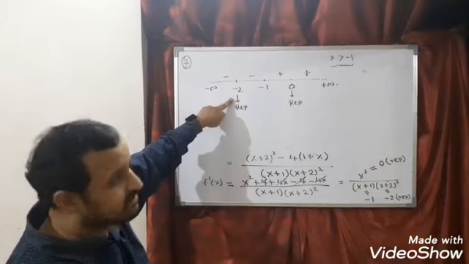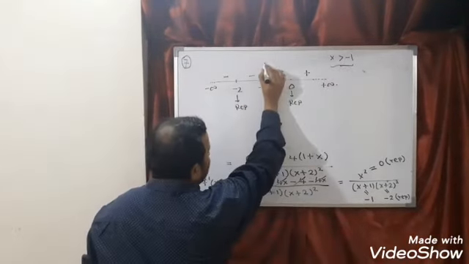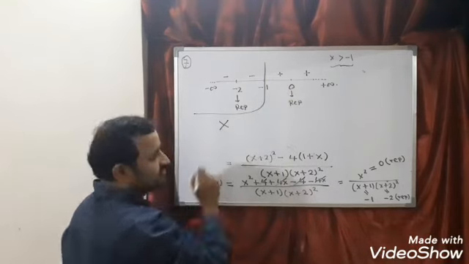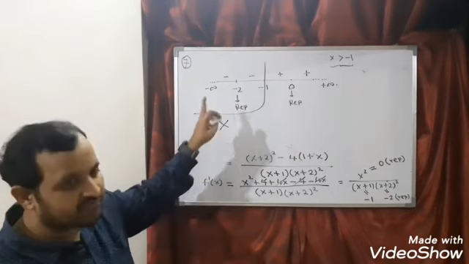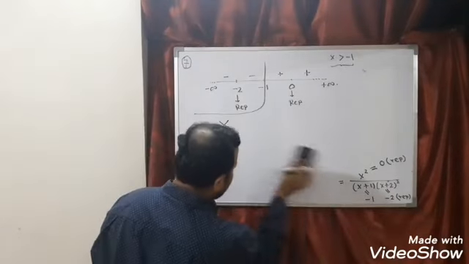But what is the question here? For x greater than minus 1. So that means in the other interval, the function is not defined. Why is it not defined? A log function came, yes or no? Just now I told you.